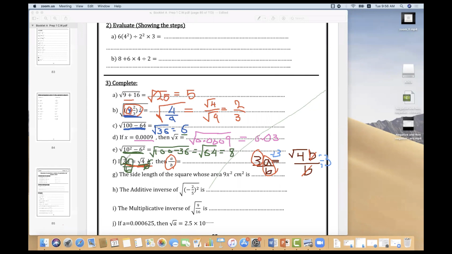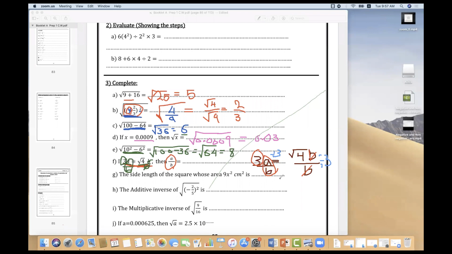It will be root 4 divided by 3. Yes, root of 4 divided by 3. Excellent. So I have to write that as it is.